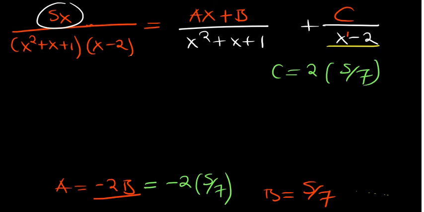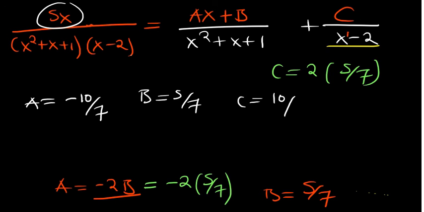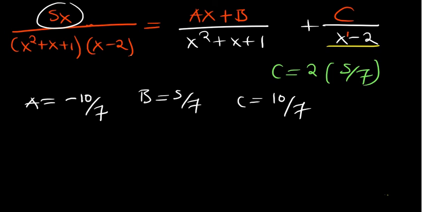So therefore our a is equal to negative 10 over 7. Our b is 5 over 7. Our c is 10 over 7.